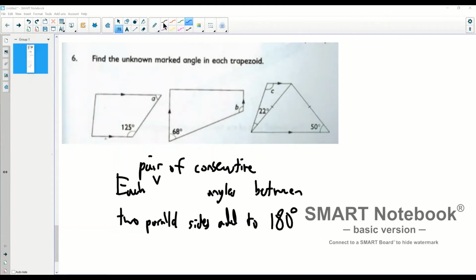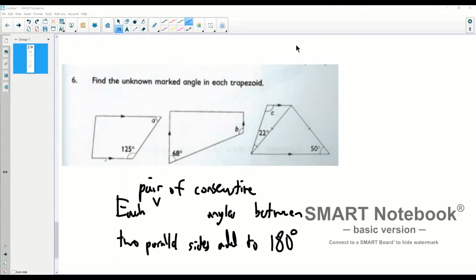And then, plug in the numbers. I'm waiting for one more answer, and then I'll go over the answers.